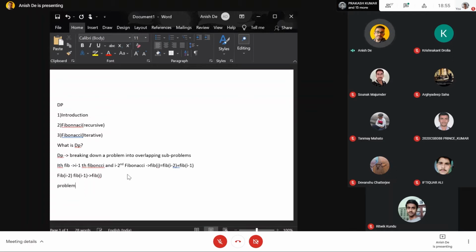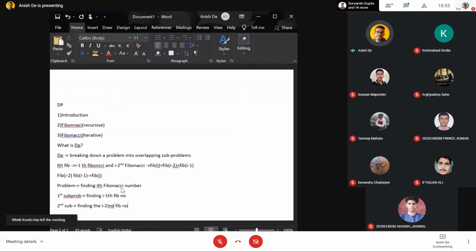The problem is finding the ith Fibonacci number, and for that we have broken it down into two subproblems. The first subproblem is finding the I minus 1th Fibonacci number, and the second subproblem is finding the I minus second Fibonacci number.